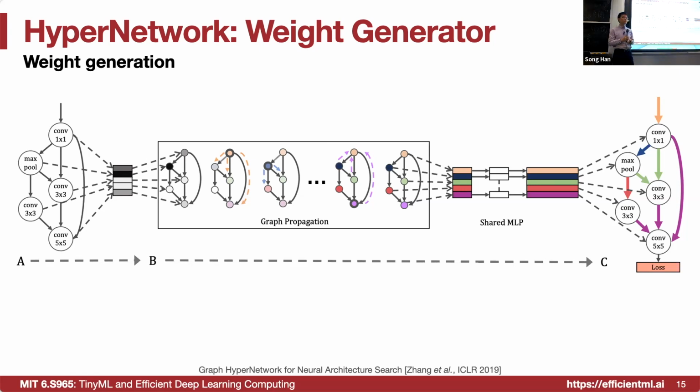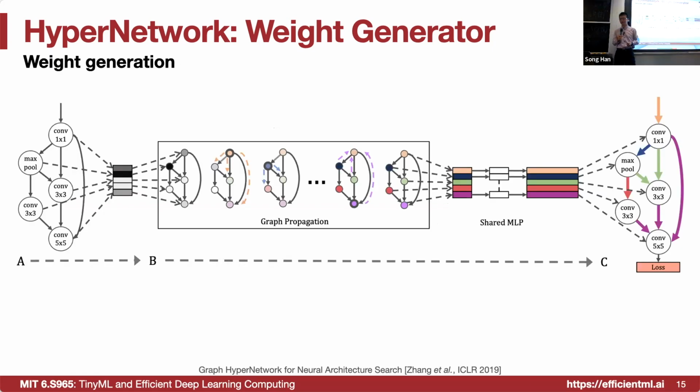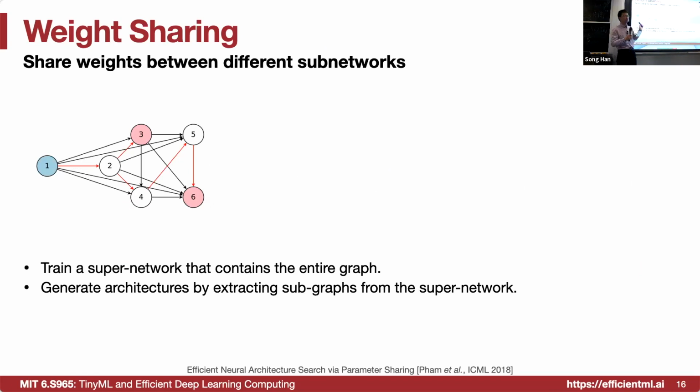So do we then train the network? The magic part is that you just use those weights to run inference for that model. So we don't do any training on the network anymore, only on the hyper network. You train only the hyper network, which is used to generate the weights for the desired network. That's how it works. But this method is not actually quite widely used, just a very fancy idea.